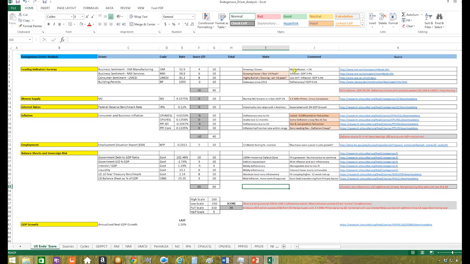So in each section, you'll see qualitative statements in the comments area, but there's also group statements for each area. So for example, in the surveys section, we concluded for surveys that we have overall mild inflation. GDP is forecasted by leading indicators 6 to 12 months from now to show 2 to 3% real GDP growth.